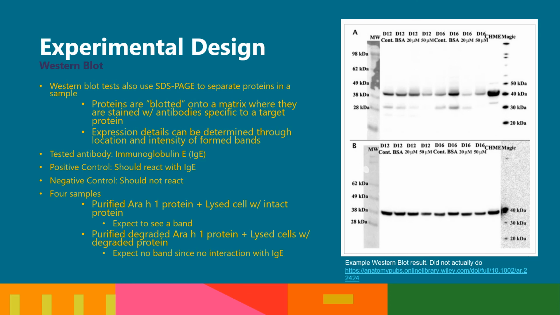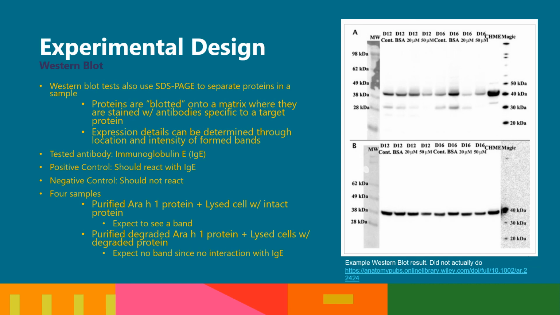I have the purified ERA H1 protein, as well as the degraded purified protein, and then whole cell versions, which will be lysed, but one with the intact protein and one without. So if I were to run this, I would expect to see a clear band on the purified ERA H1 proteins that are intact, as well as the whole cell extracts with the intact protein.